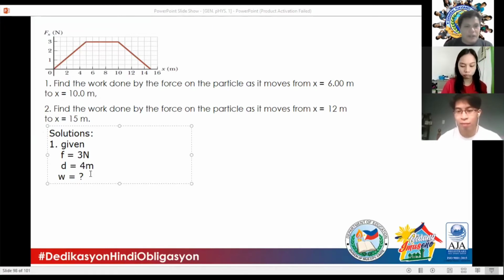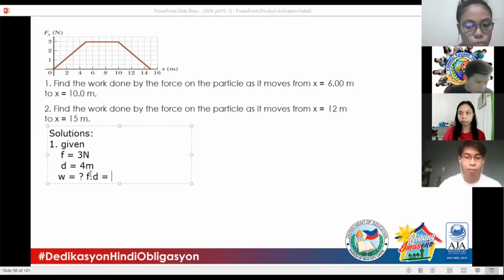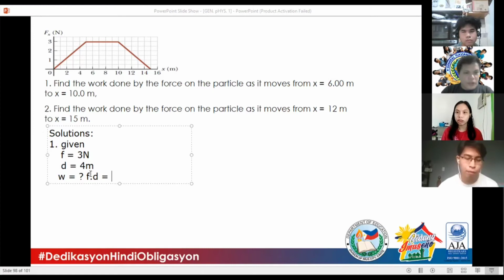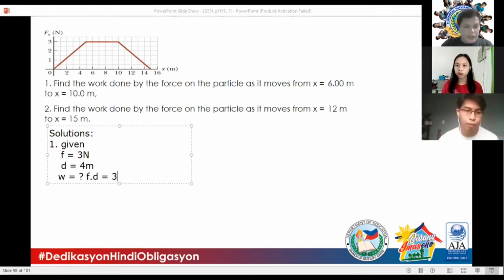Therefore, your work done by applying work is equals to force times the displacement, and then your work done is equal to, Marcos, you're raising your hand a while ago. Sir, 12 po, sir. Okay, by substitution, you have force is equals to 3 newtons times your displacement 4 meters.